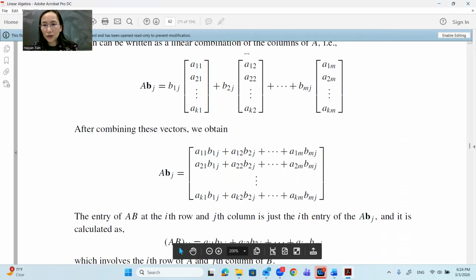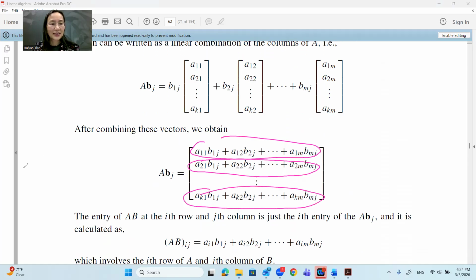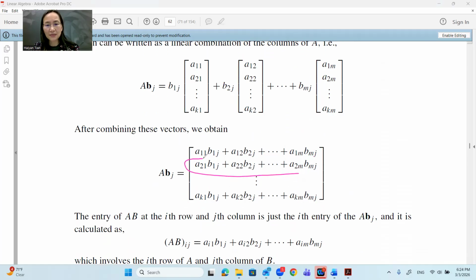So this vector, I want to focus on the ith entry. You see the first entry, this. Second entry, the ith entry, right? This is the last entry. Yeah, the ith entry follows a similar pattern.